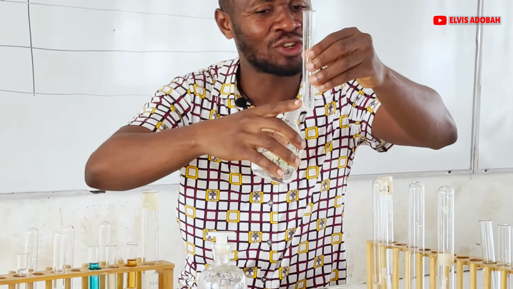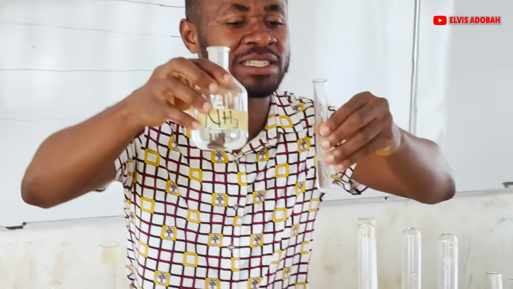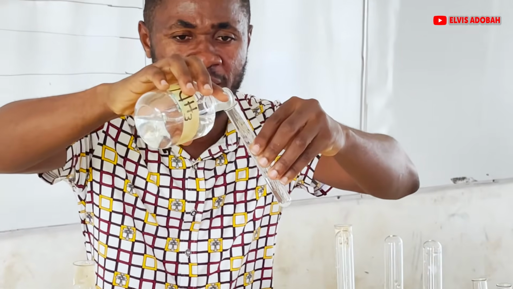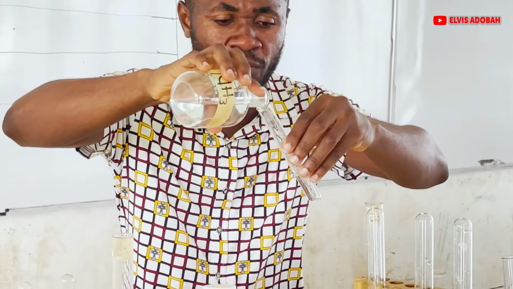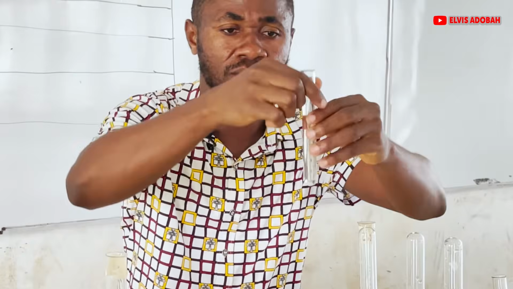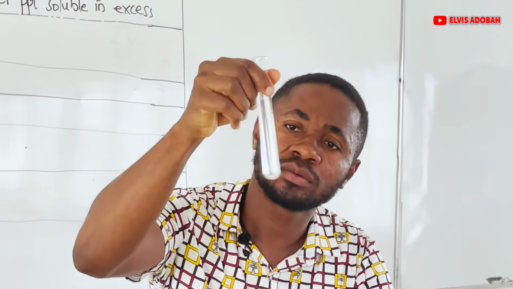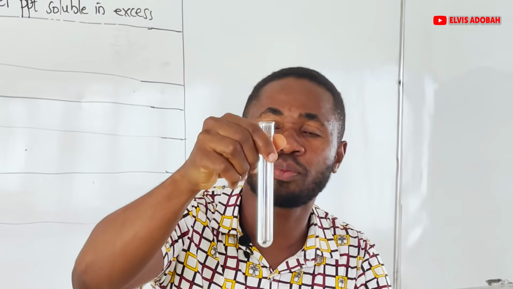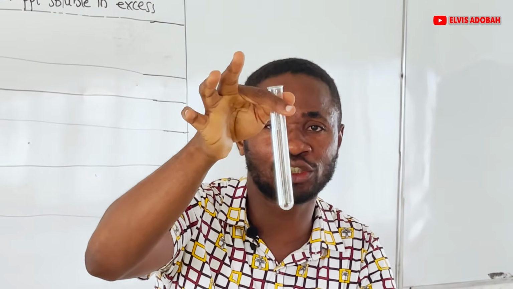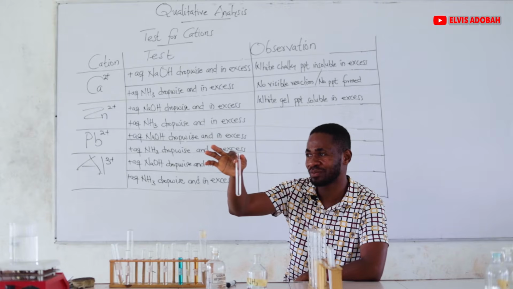Another white gelatinous precipitate. Let me add my reagent in excess and see what happens, whether the precipitate will dissolve or persist. The precipitate has dissolved to form a clear solution.